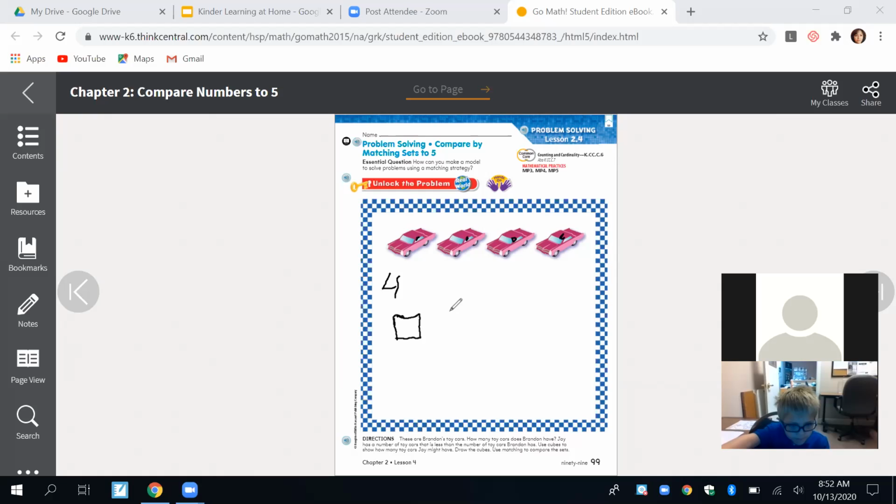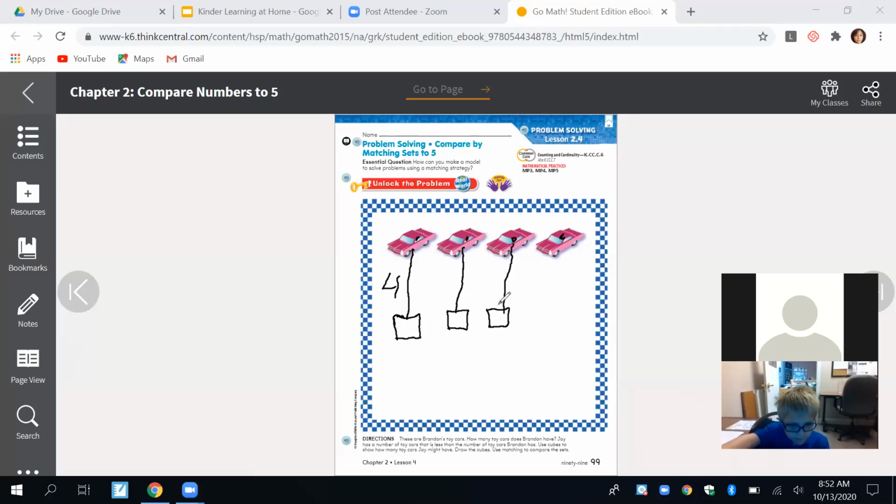Can you tell me 3 is less than 4? Now that I have my 3, my next step is to match. We're going to make a line from a card to my cube. Make another line from the card to the cube. Card to the cube.